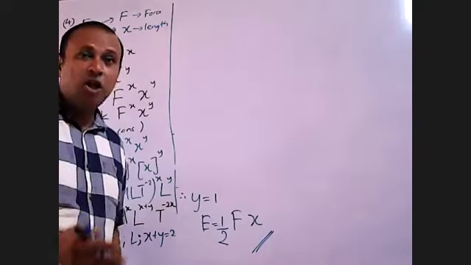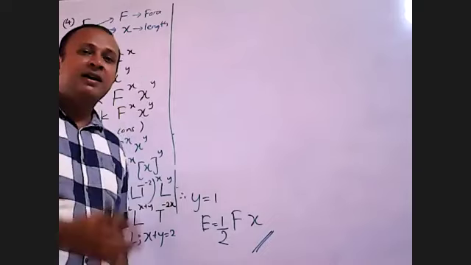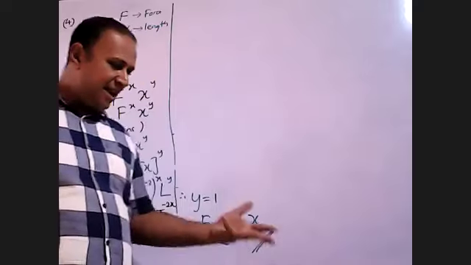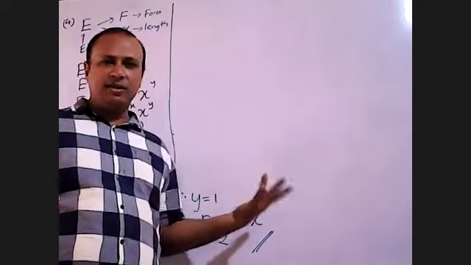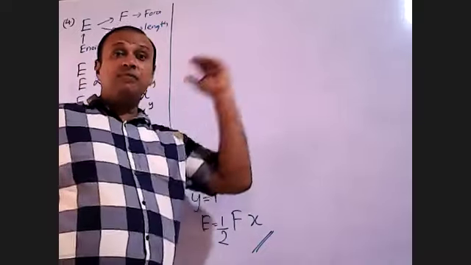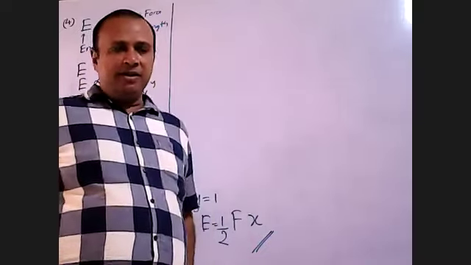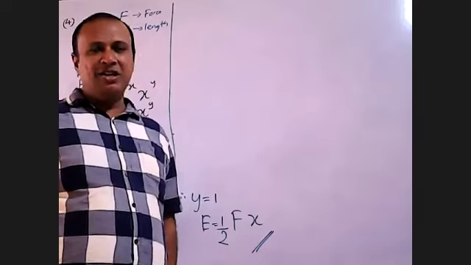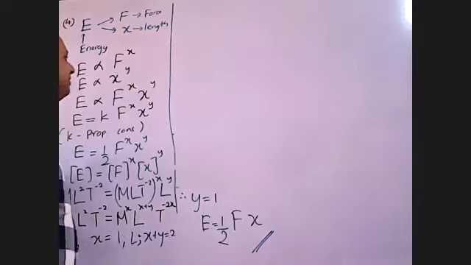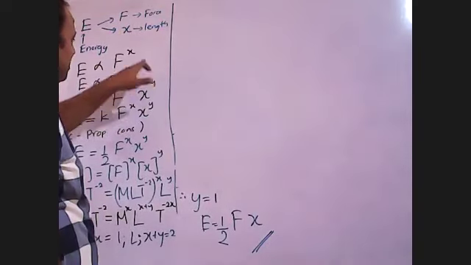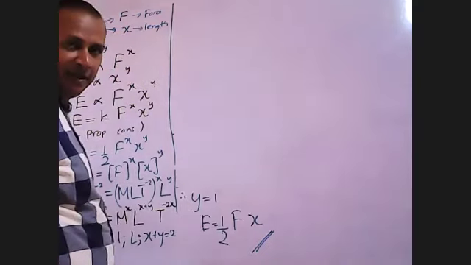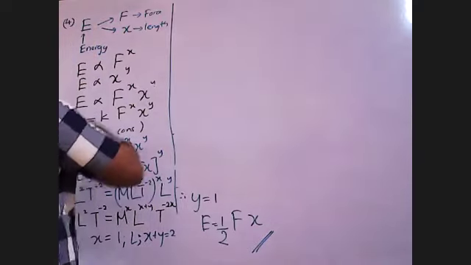That means you can find maximum up to 3 unknown variables, x, y, and z. Other than that, you cannot find. Therefore, you can find 3 unknown variables, x, y, and z.